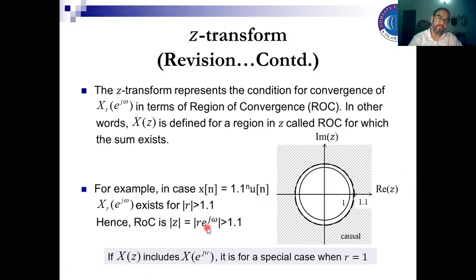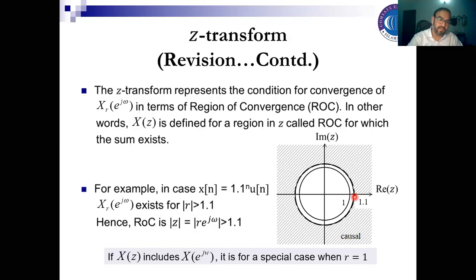Because if you plug in r e to the power j omega with a value greater than 1.1, so |z| is greater than 1.1. So basically this is a causal sequence. 1.1 to the power n, u of n is a causal sequence, and beyond 1.1 is the region of convergence, which is shown by the dashed line. So 1 is a unit circle, and after that at 1.1 there is a pole. So the region of convergence does not include the pole, but from 1.1 onwards you have the region of convergence.